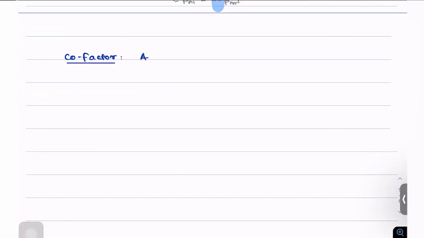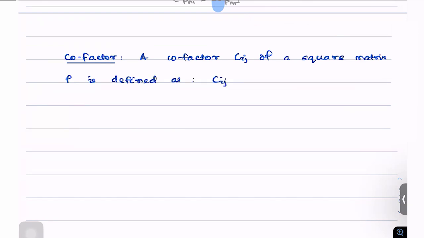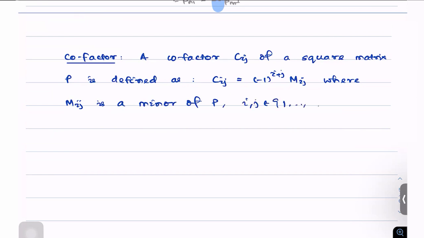What is a cofactor? The cofactor Cij of a square matrix P is defined as Cij equal to (minus 1) to the power of (i plus j) times Mij, where Mij is a minor of P. And as before, i and j can vary from 1 to n.